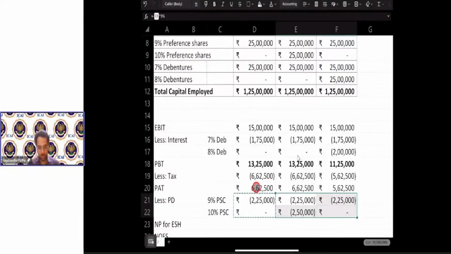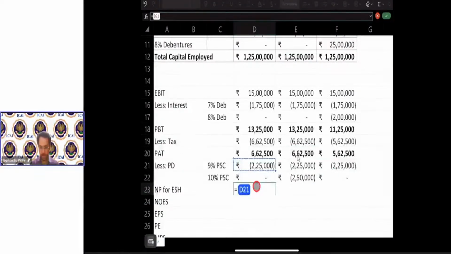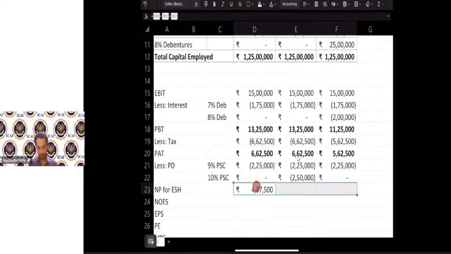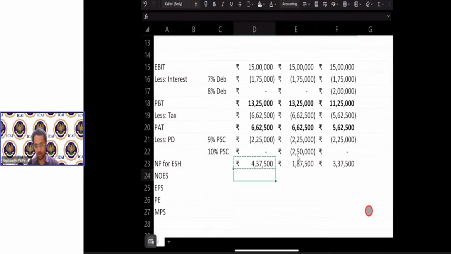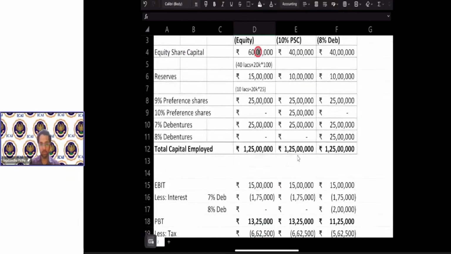And then after subtracting the preference dividend, we get the net profit for equity shareholders, which is PAT minus preference dividends. Right, so net profit for equity shareholders is 4,37,500, 187,500, 337,500. Number of equity shares depends on the equity share capital, which is 60 lakh.